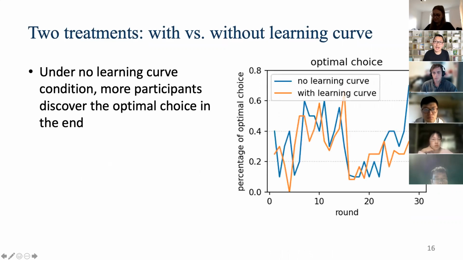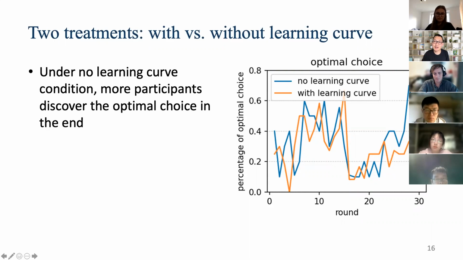So here we have two different treatments, and we just separated by this treatment. What is shown is, over time, the percentage of choices that have chosen the corresponding optimal choice, right? At the start, the optimal choice is actually alternative 5, but eventually it would become alternative 1, right?